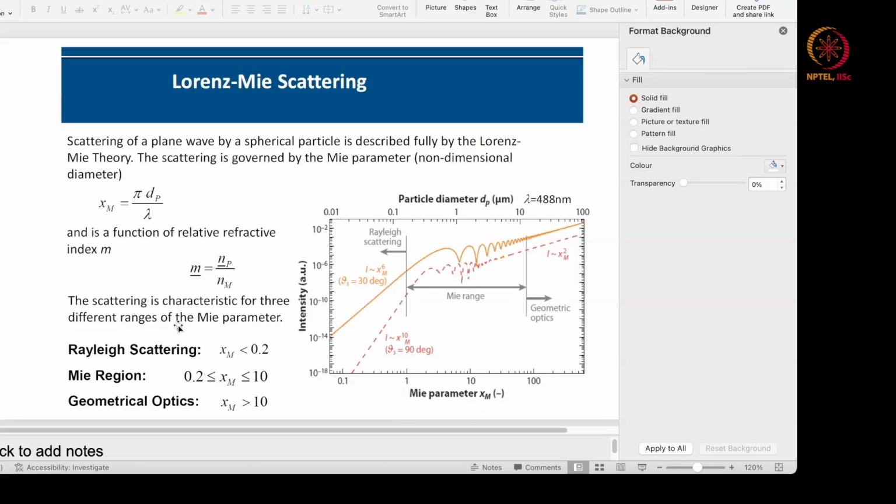This scattering characteristic is for three different ranges of the Mie parameter. This is the important part, and it will come in very handy later on. This is given for a particular wavelength. Remember that. So this is Rayleigh scattering, Mie scattering, and then geometric optics.